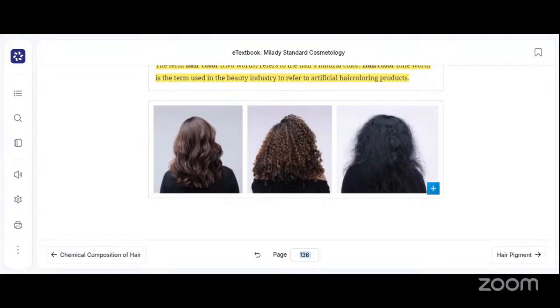I just want to do a short video, giving you a little review, and also giving you an opportunity to continue reading and moving forward in the chapter. All right. Your assignment is to read about hair pigment. Okay. Read more of the intro into hair pigment, and then we will pick it up from there later on this week.